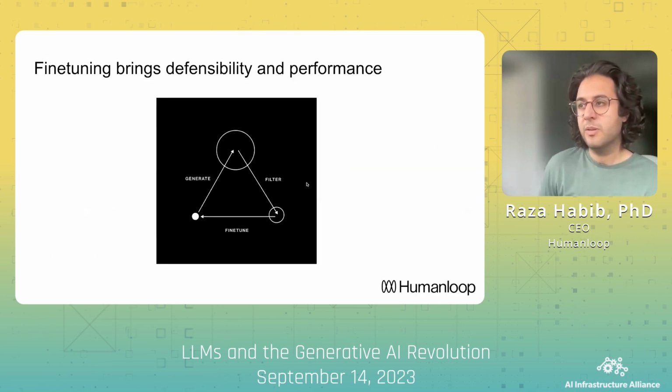And the workflow that we see that works really well is people generate a lot of data using one of the largest models like GPT-4. They then use some evaluation criterion to filter that data, which is why objective evaluation is so important, again. And then they use the filtered data set to fine-tune a model, and they repeat this cycle.